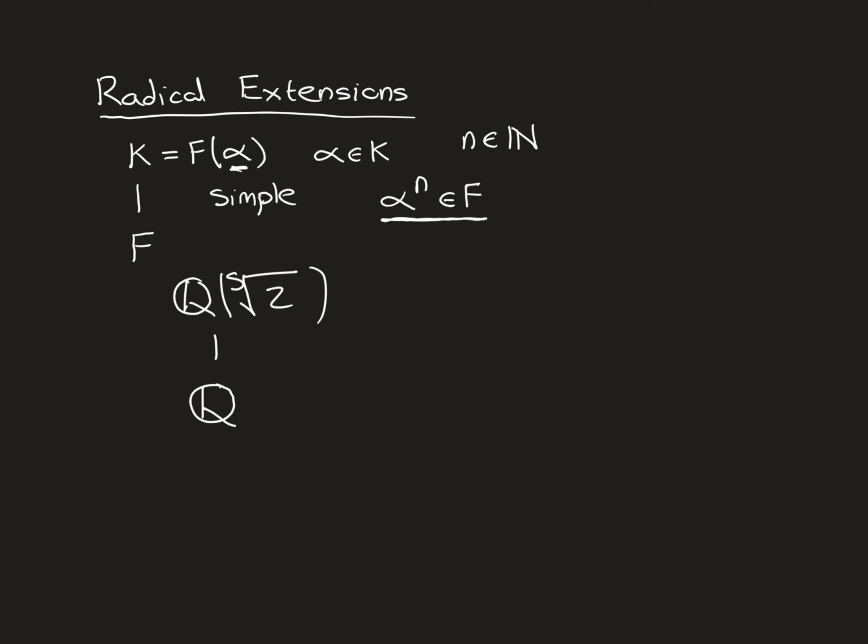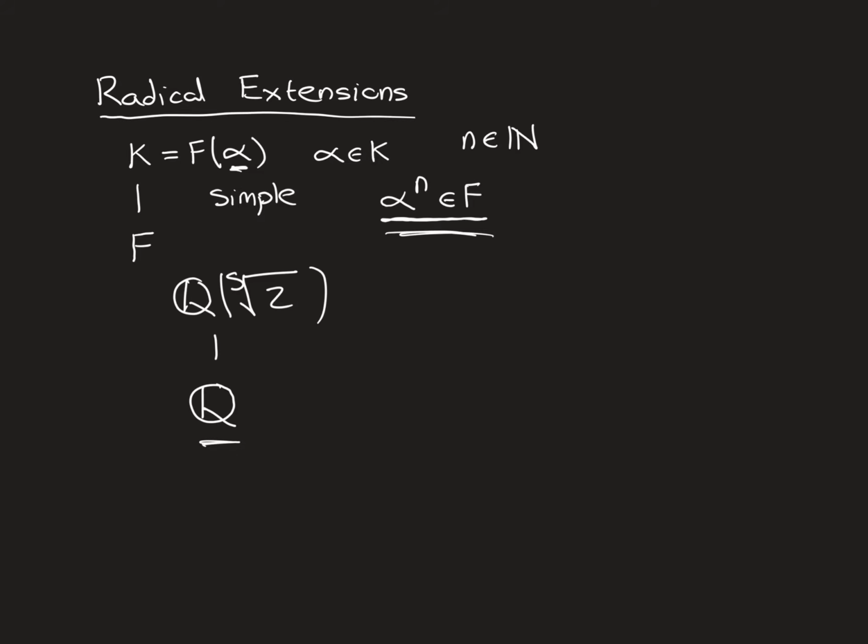And it's also a simple radical extension because that element, the fifth root of 2, if I raise it to the power of 5, I get 2, and 2 is certainly in the ground field, the rational numbers. So therefore it is obeying this condition here. So that's an example of a simple radical extension.